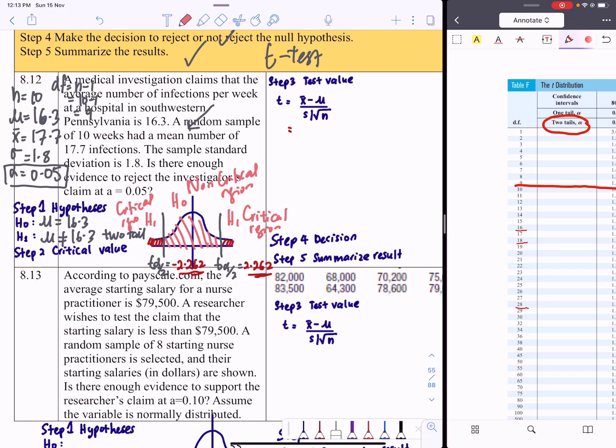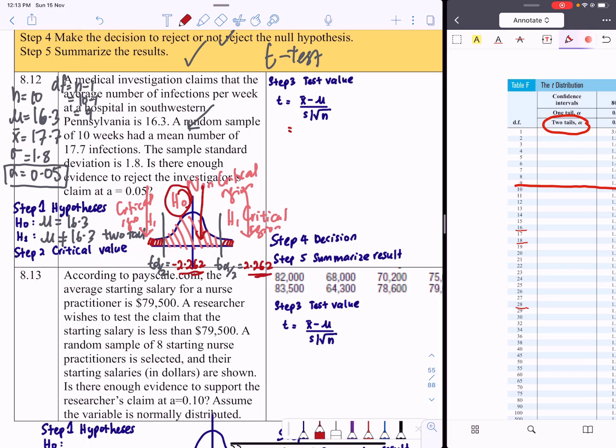If the test value falls on the critical region, we reject the null hypothesis. But if it falls on the non-critical region, the H null region, we cannot reject the null hypothesis, because it is similar to the null hypothesis.